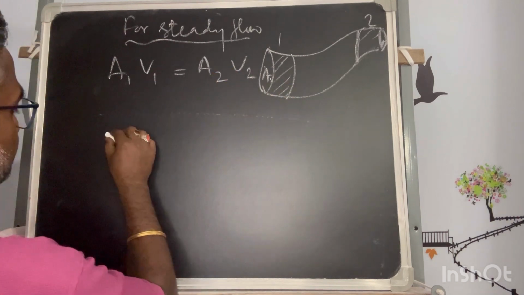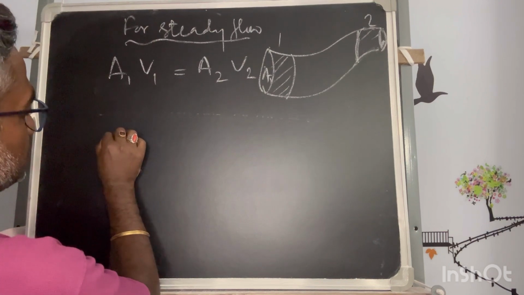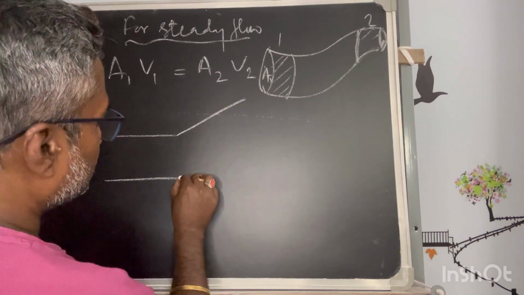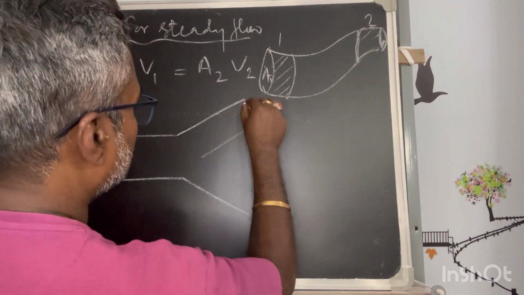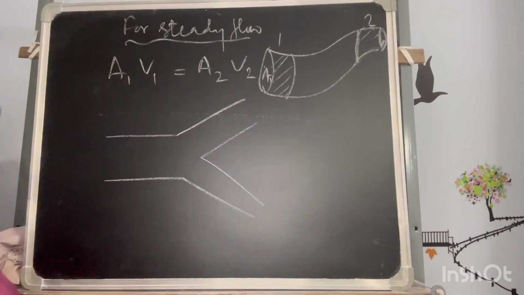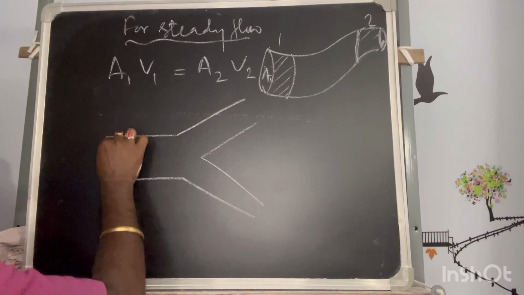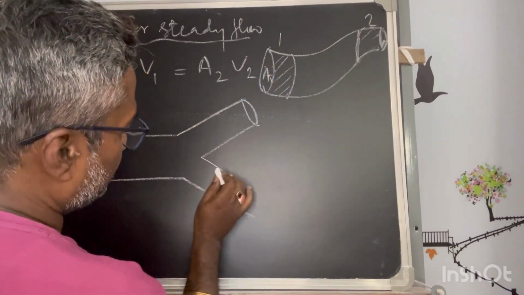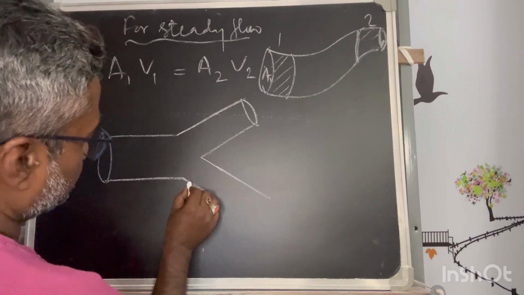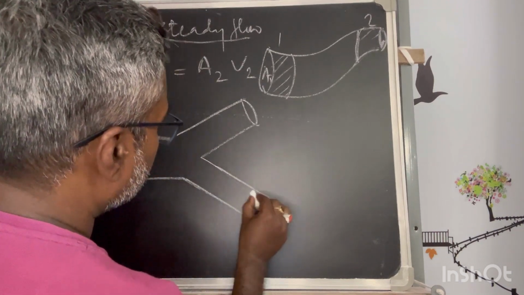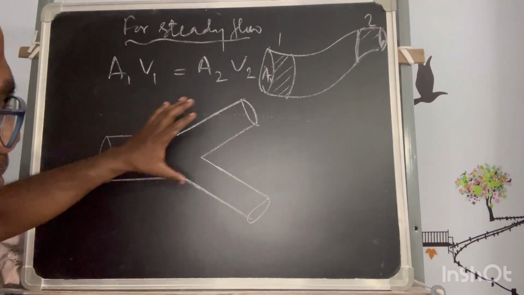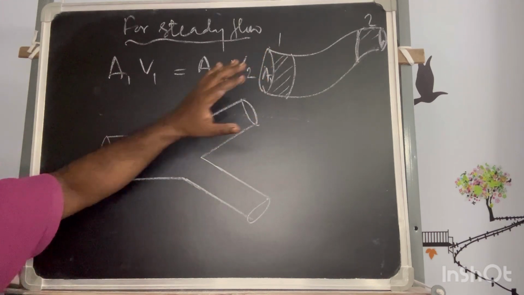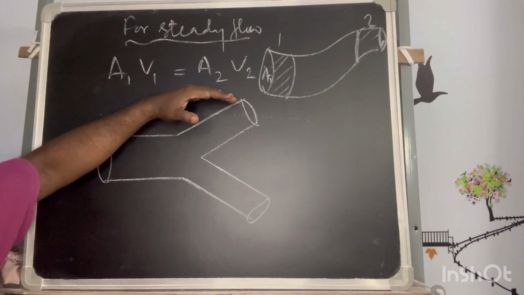If I take an example where there is a flow path which is distributed after some time into two segments, could this be applied in such an arrangement? Yes, that can be applied.